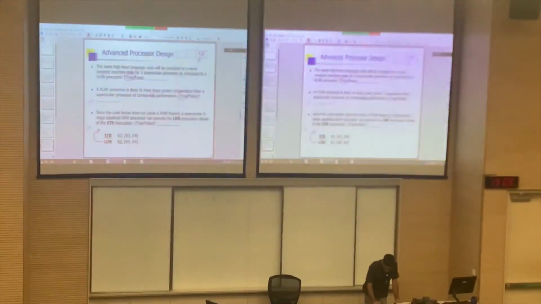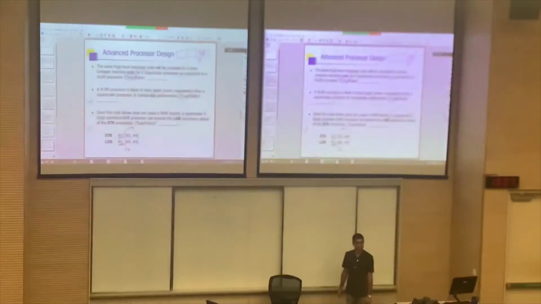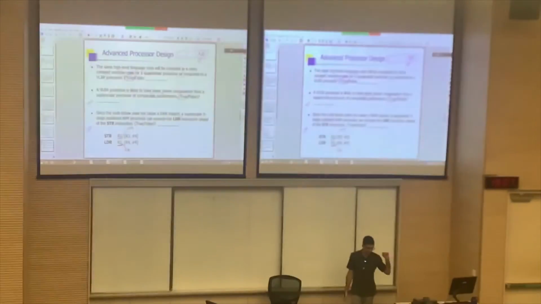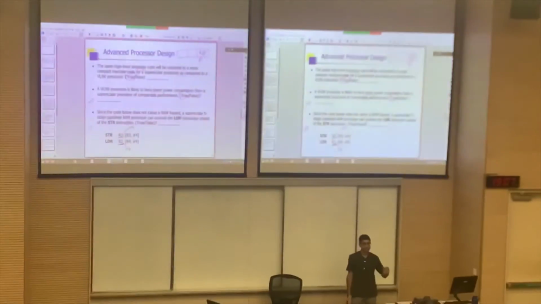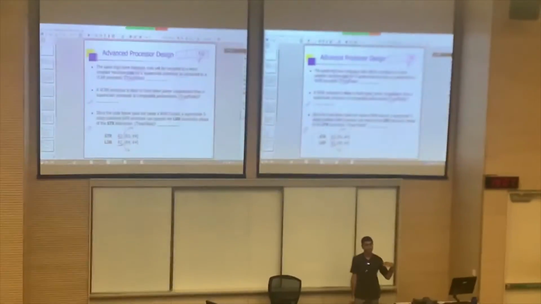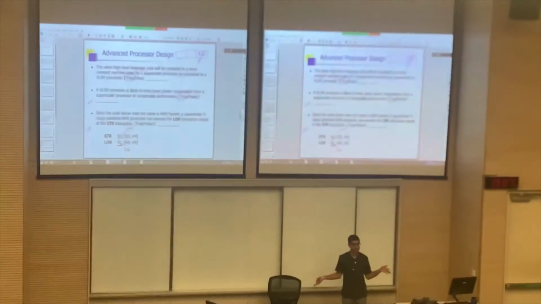So you can rename these two in such a way that they use separate physical registers. The register that STR uses as a source is no longer the register that LDR writes to. They are two separate physical registers.